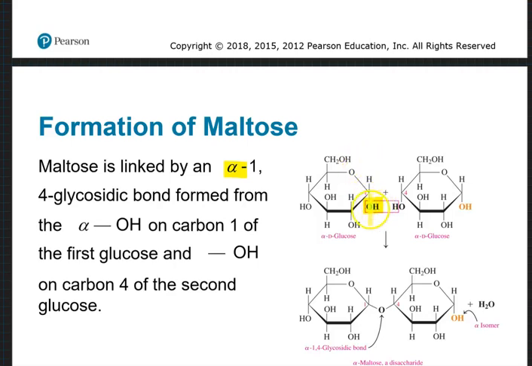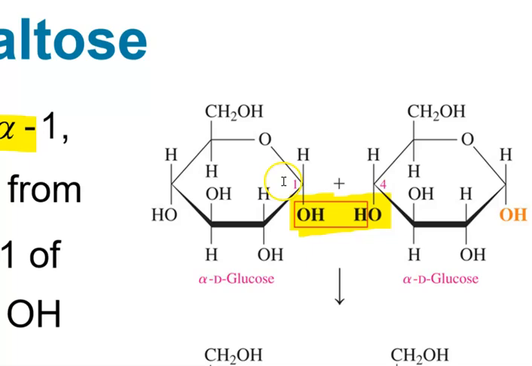So here you have two OH groups. Both are alpha OH groups. One OH group on the left is attached to the first carbon. Another OH group on the right is attached to the fourth carbon.